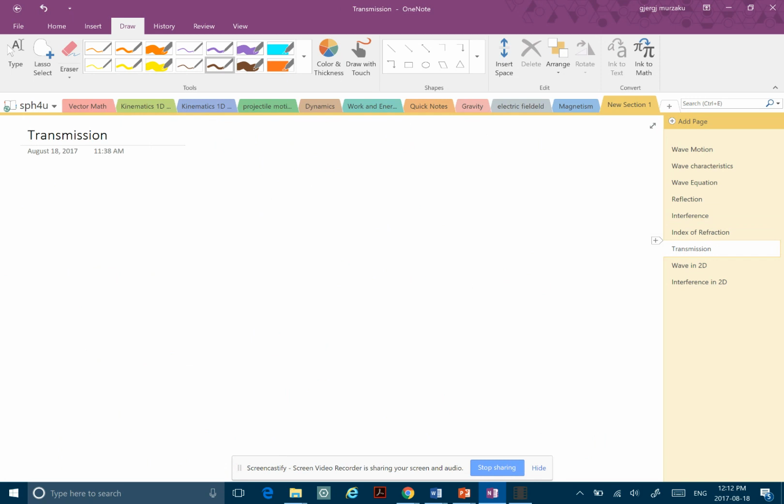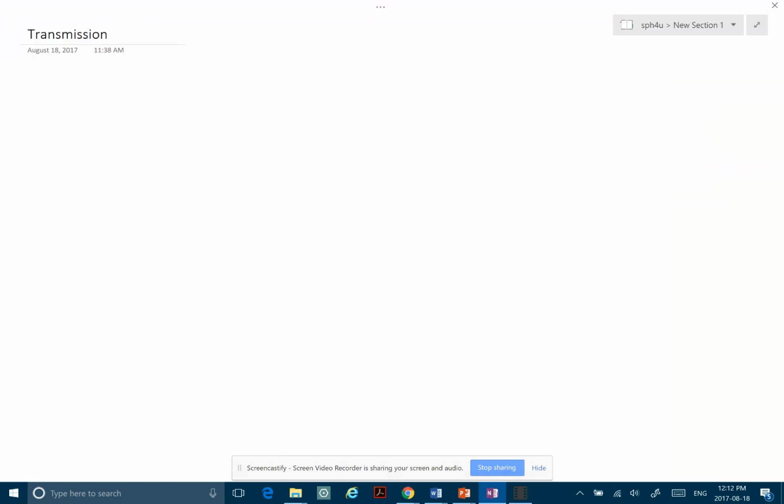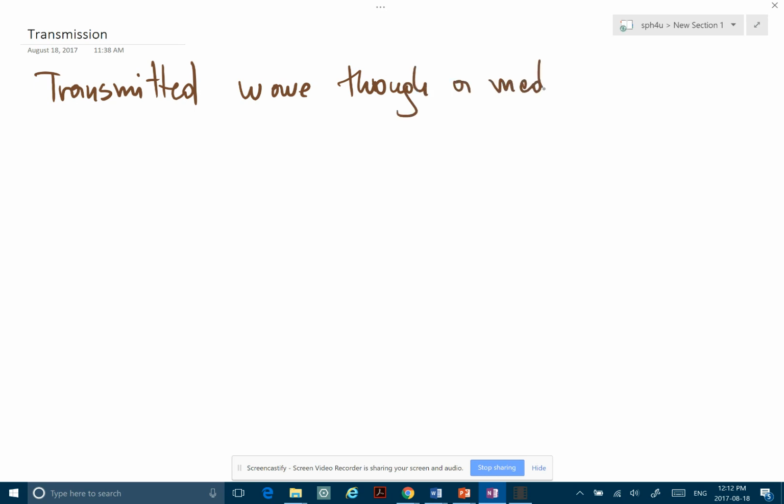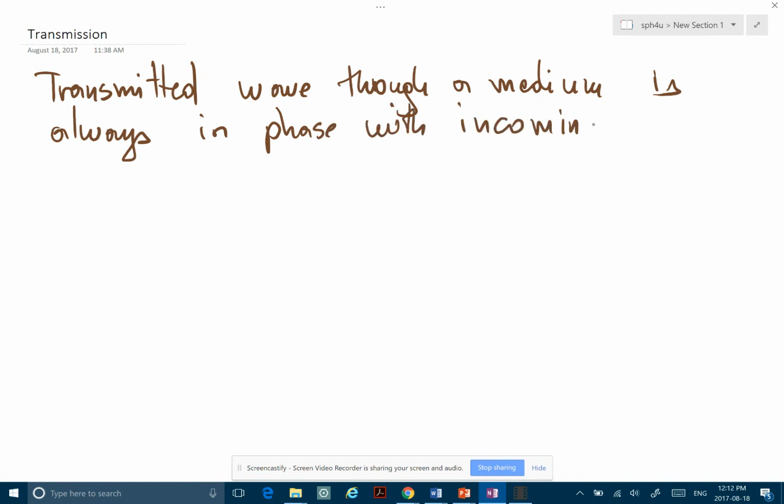And now, the last thing that we're going to talk about is transmission, of course, since we're talking about medium. Very simple. A transmitted wave through a medium is always, okay, very simple, always in phase with the incoming wave. So it won't change like it did in reflection. It won't be out of phase or whatnot.